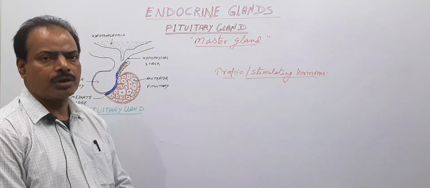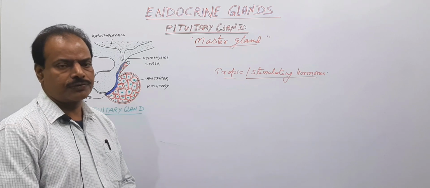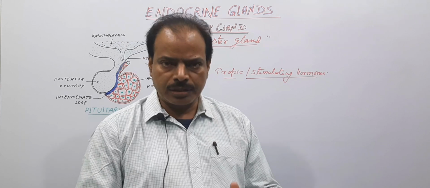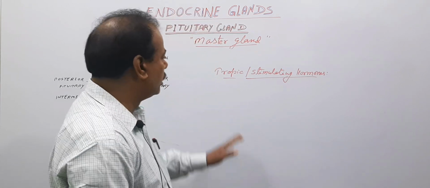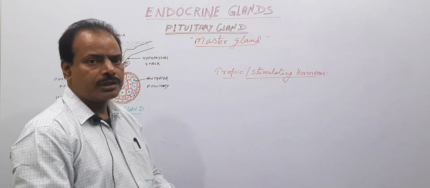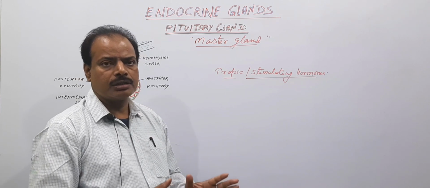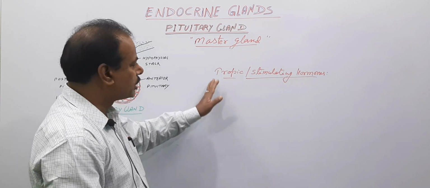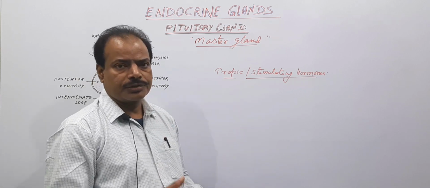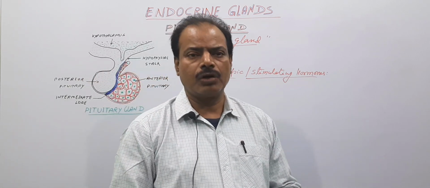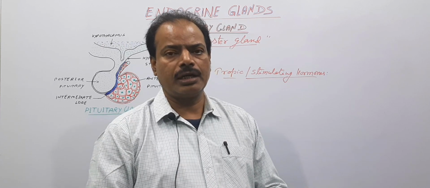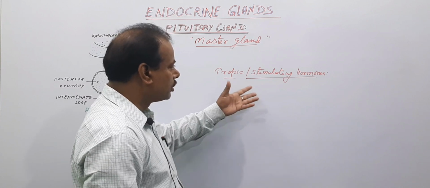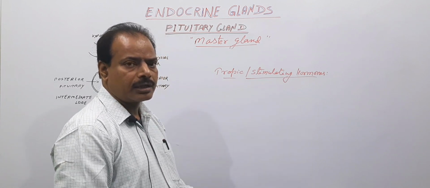Tropic or stimulating hormones are the hormones secreted from the anterior lobe of pituitary, and they stimulate or regulate different endocrine glands to perform their activities in a proper way, controlling the secretion of other hormones from other endocrine glands.